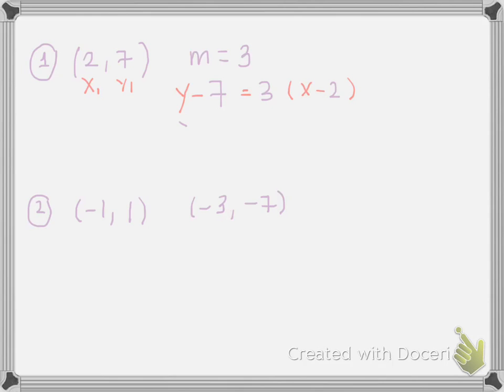So now we'll simplify. y minus 7 is equal to 3 times x, which is 3x, 3 times negative 2, which is a negative 6. Solve the equation for y. So you are going to add 7 to both sides. So you're going to get y equals 3x plus 1.